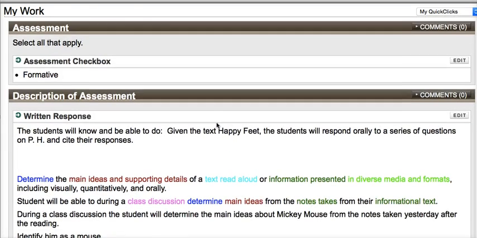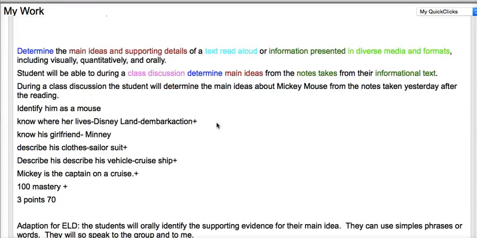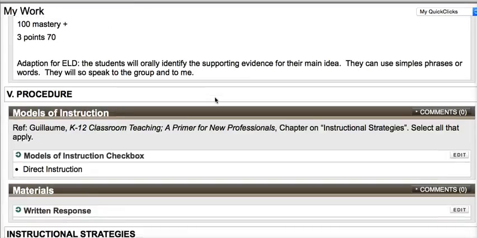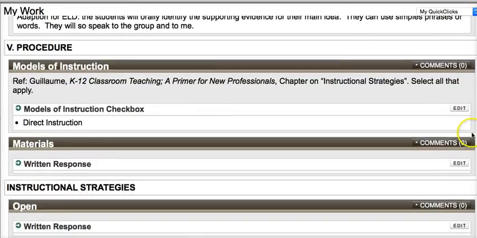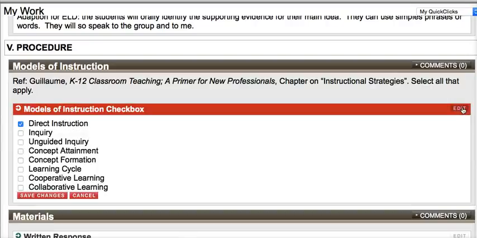Everything else now is fill in the blank. Once you know this, everything is going to be fill in the blank. Now it's, how do I plan on teaching this? Initially when you're learning to teach, the one thing you're always going to do is some kind of direct instruction. Even in inquiry, you do direct instruction because you have to tell them how to do things. So when you come here, you're going to have direct instruction.